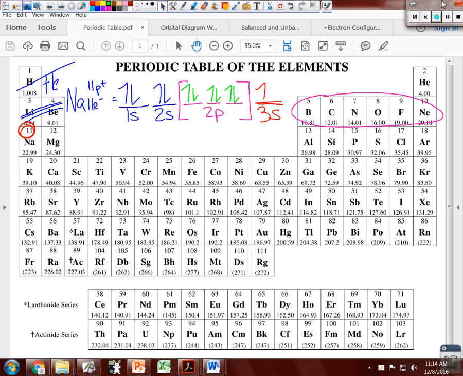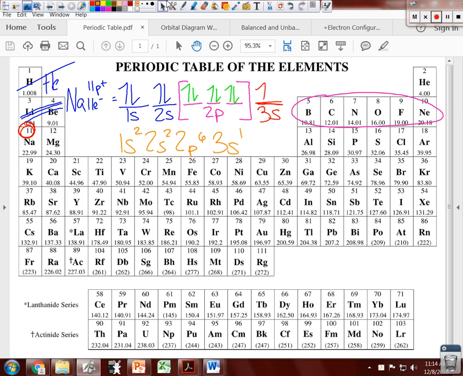All right, so the electron configuration you should have gotten is 1s2, 2s2, 2p6, 3s1. Is that what everyone got? Okay, everybody good? All right, what's the next element on the sheet? Here's what I want you to do.